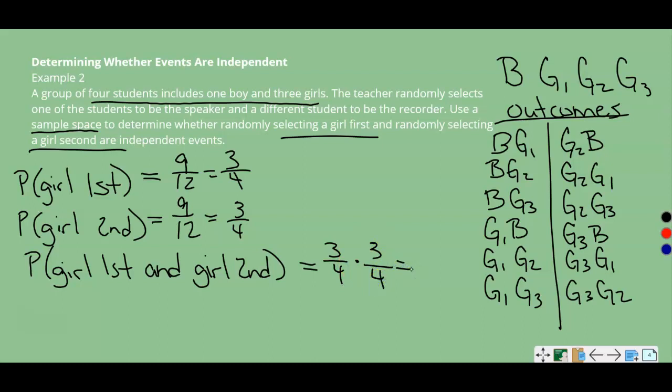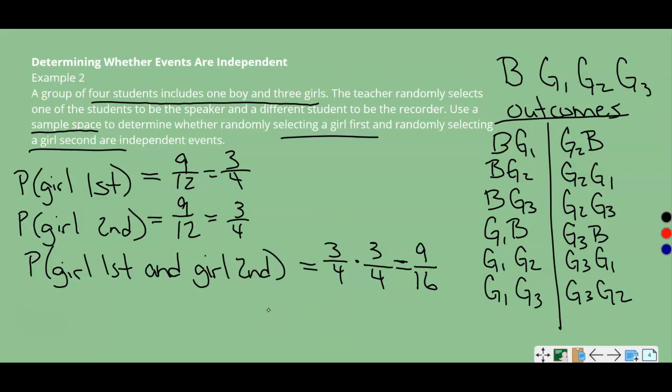So that's going to be 9 over 16. Will it reduce? I do not think it will reduce. So let's see, that's using the formula.